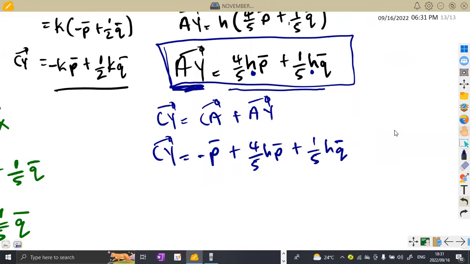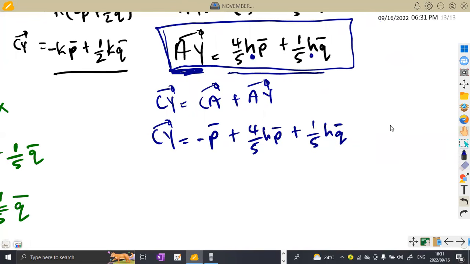All right, from this part I want you to take note. You are going to factor out a vector which is the same, not the scalar like H. You factor out a vector. In this case, vector P is common, so I can factor out vector P here. I write the brackets first, with the vector after the bracket.